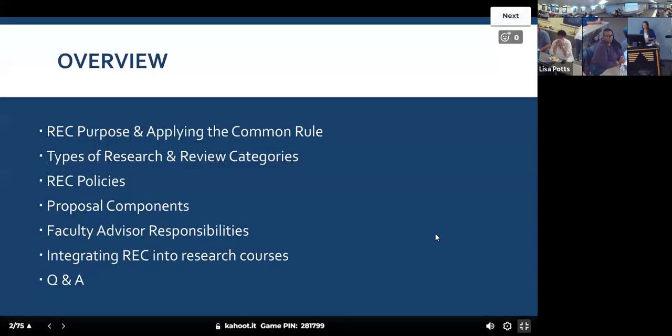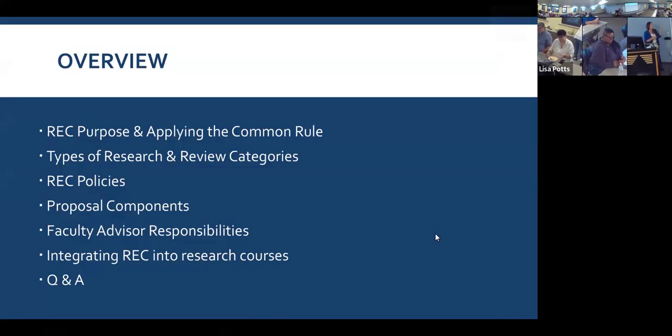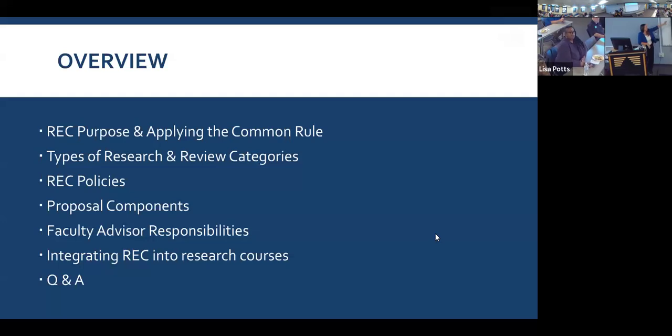All right. So what I plan to go through, I do try to change this up each year, so you're not just sitting through the same thing. This year, I'm going to focus a little bit more on applying the Common Rule, like what the 3 principles are that we really focus on. A little bit more info on the different types of research, review levels and categories.